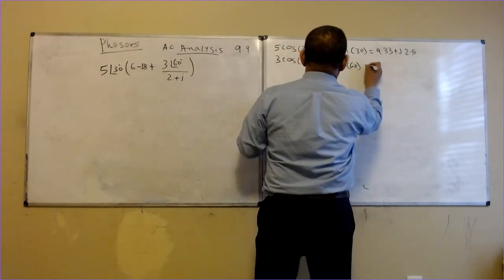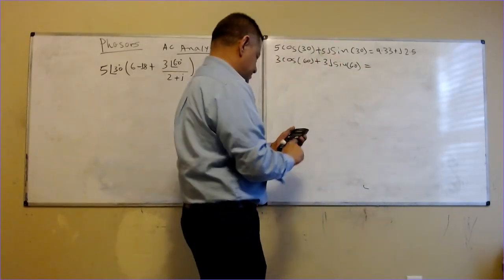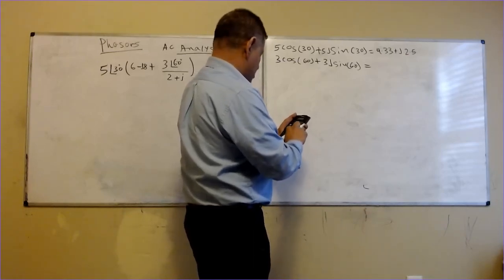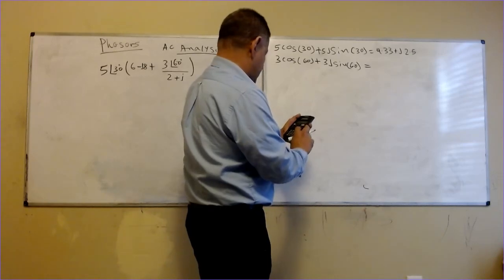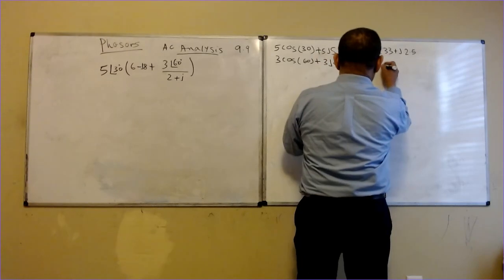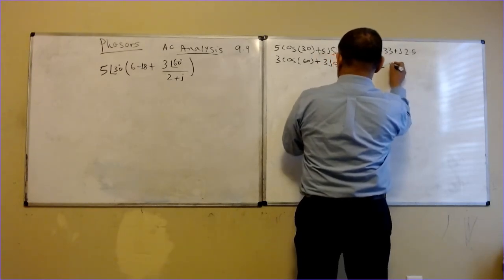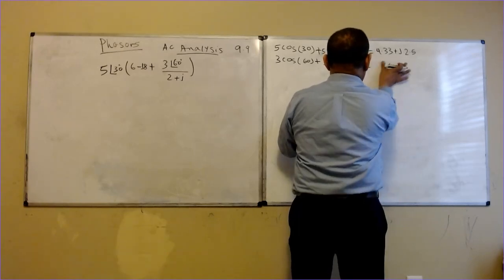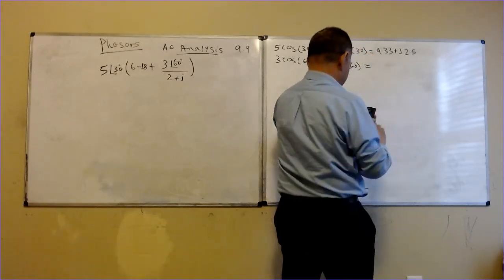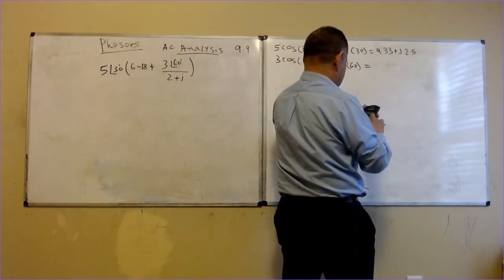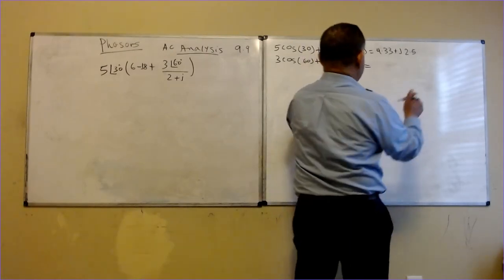And that will give me what? That's going to give me 3 cos 60, that's going to give me 2.6. Actually, no, that was the sine, right? So never mind. So 3 cosine of 60, that's 1.5.